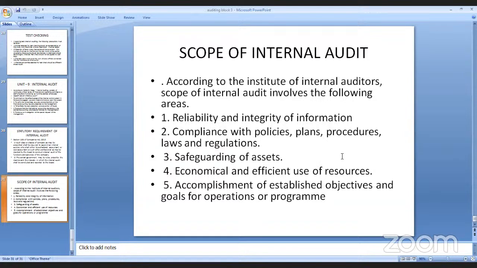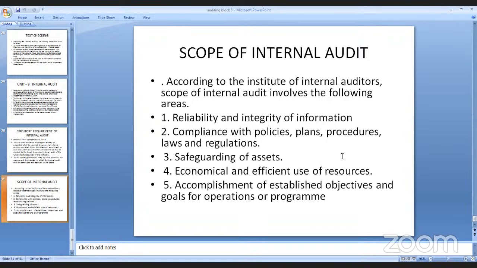Someone will understand information in some way, and they will communicate it in another way to another person. It must not take place in the organization, because many gaps will arise. Next, compliance. Internal audit focuses on the policies, plans, procedures, laws, and regulations.